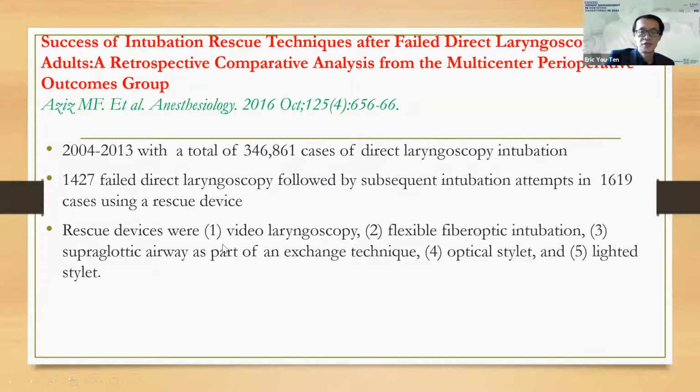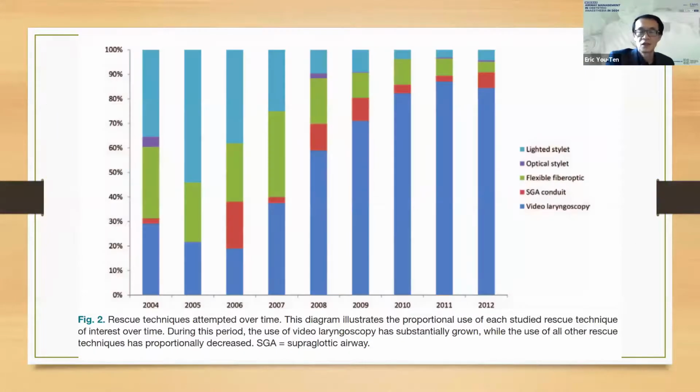And they have shown that from 2004 to 2013, they had different rescue devices: video laryngoscopy, the fiber optic, the supraglottic airway, tube exchanger, optical stylet, and the light stylet. And here's a rescue graph that is quite compelling.